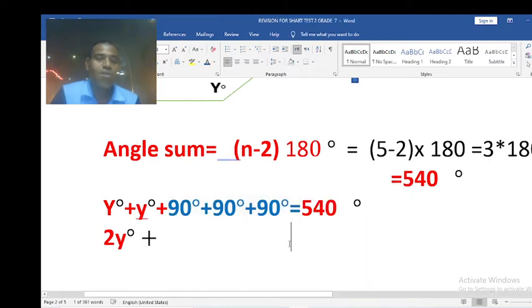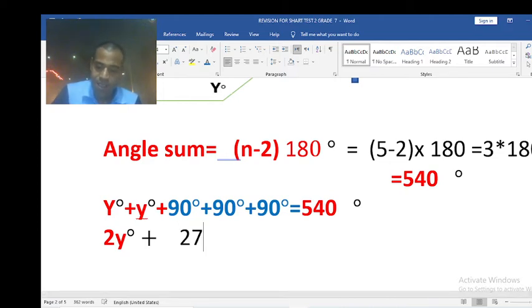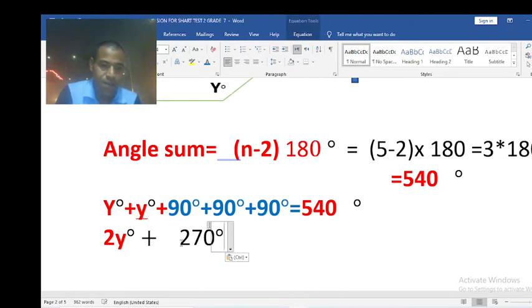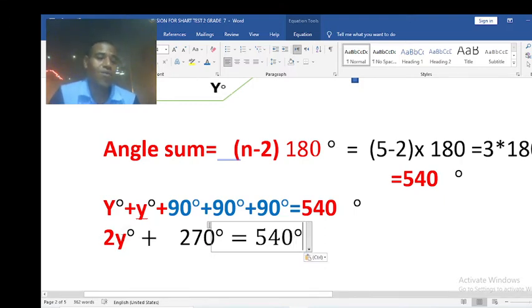So 3 times 90 gives 270 degrees, equal to 540 degrees. So to find the value of 2y, I will just subtract 270 from both sides.